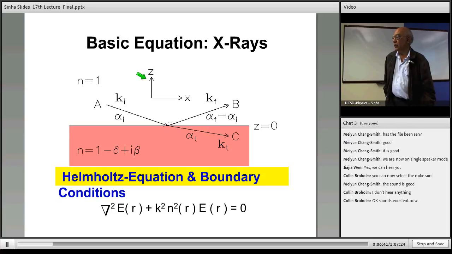This was adapted from a slide for X-rays. So this is del squared psi of r plus k squared n squared of r psi of r equals 0, and that's basically the Schrodinger equation, except that we've rewritten it in a form which involves a refractive index.